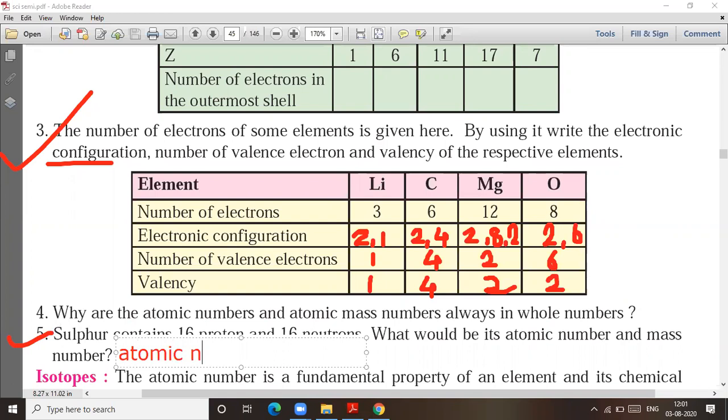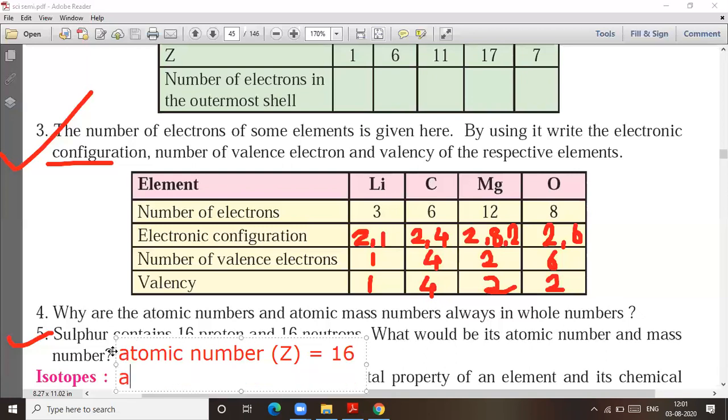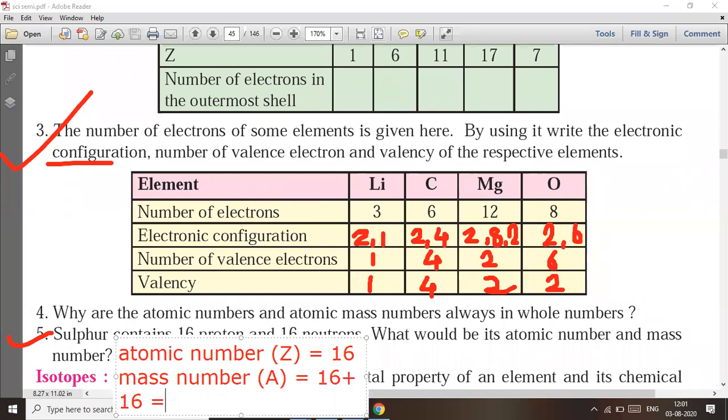Atomic number Z is equal to 16, and mass number A is equal to 16 protons plus 16 neutrons, so 16 plus 16 is equal to 32.